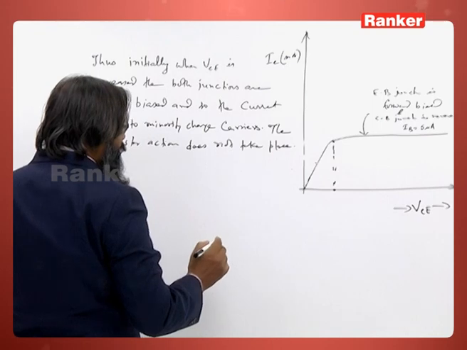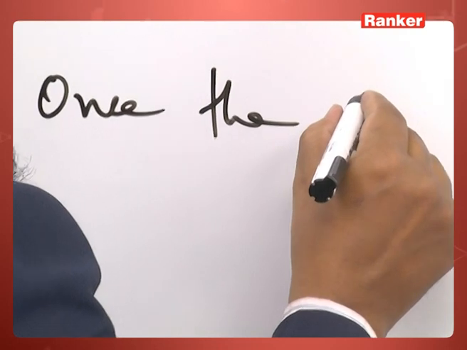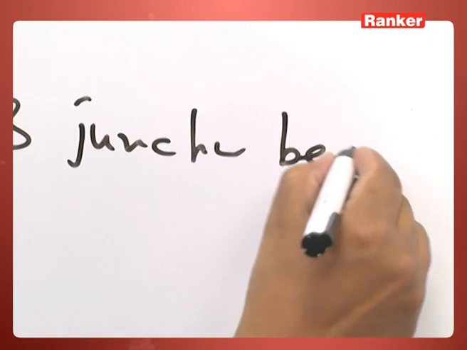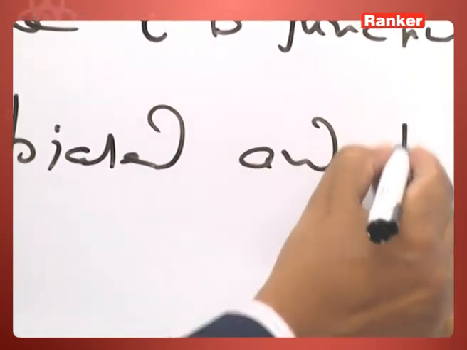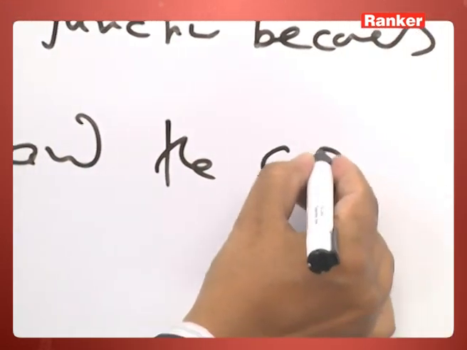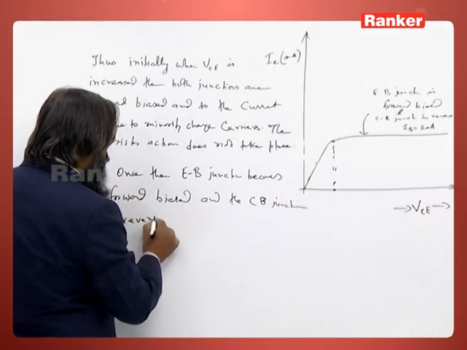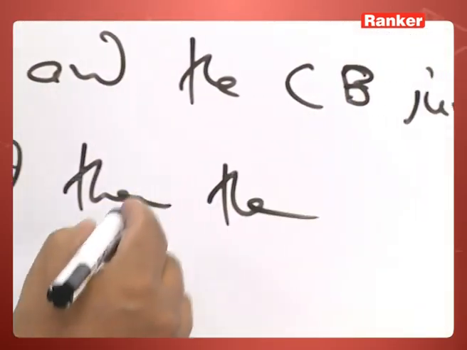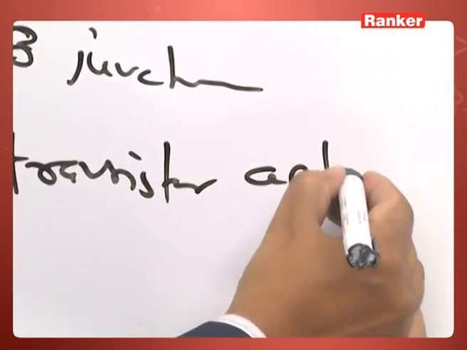Now, once the emitter base junction becomes forward biased and the collector base junction reverse biased, then the transistor action begins.